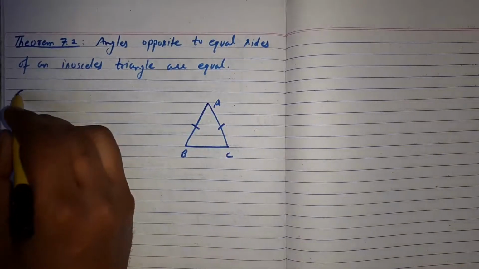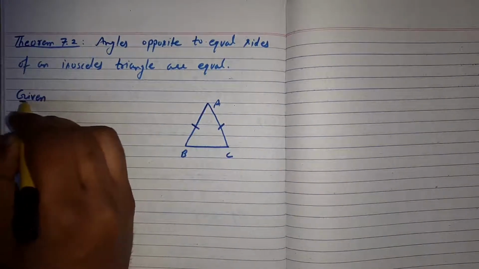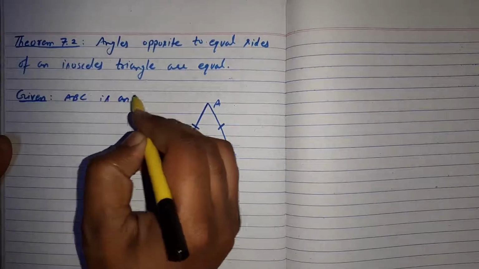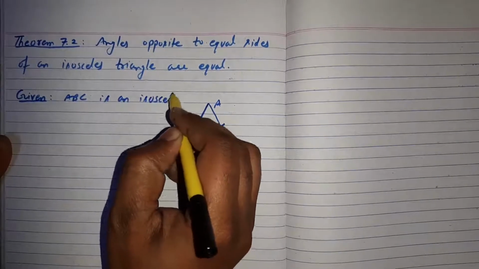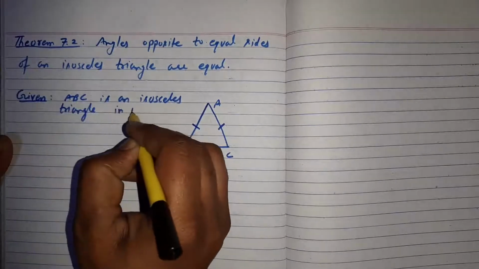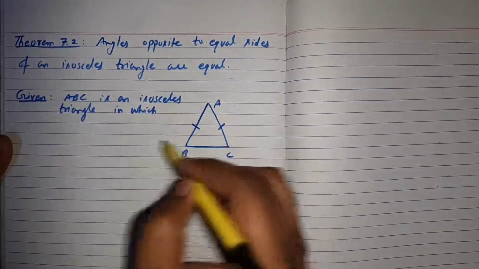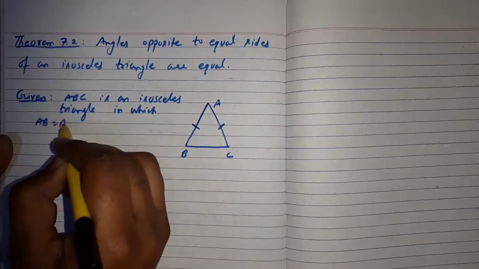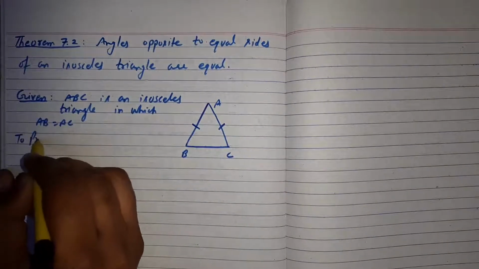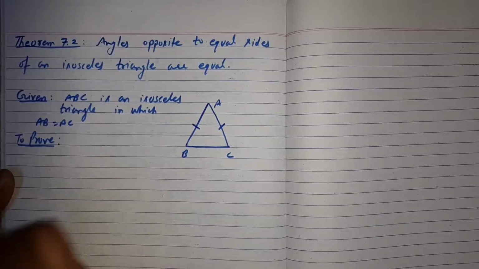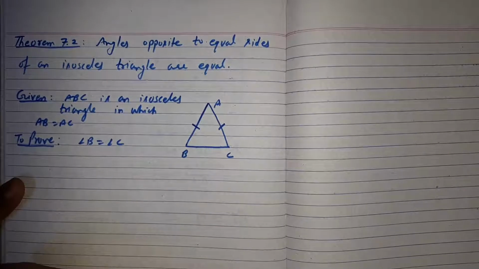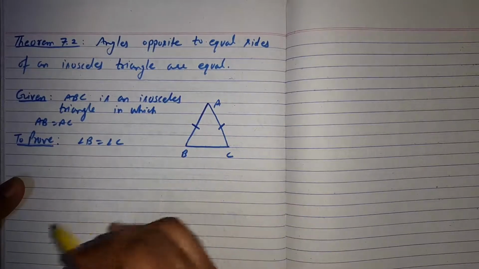So we can write, given: ABC is an isosceles triangle in which AB is equal to AC. And we need to prove angle B is equal to angle C.